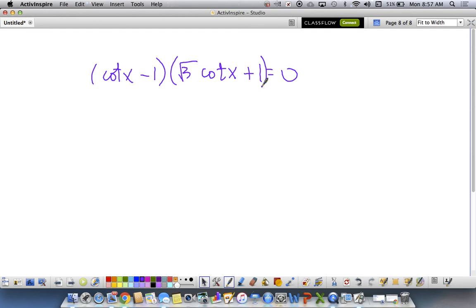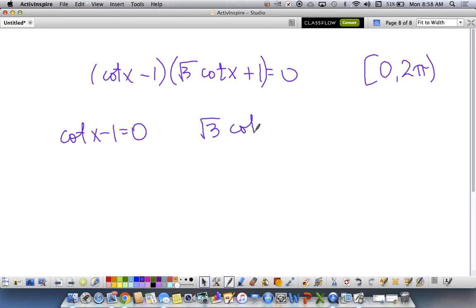Oh, wait, I need between 0 and 2 pi. You set up 2 equations.